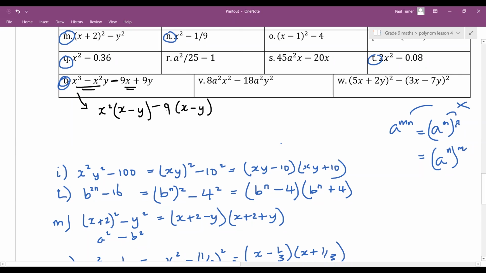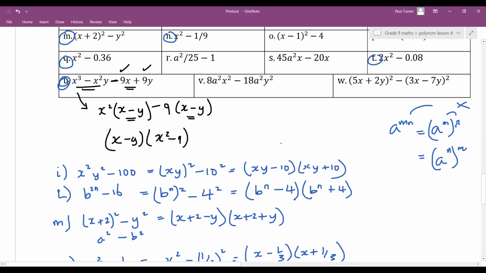Check by expanding that this is correct. Minus 9x, minus 9 times minus y is plus 9y. So they're okay. Now you see the common factor is x minus y. Take that out the front, and then you'll be left with x squared minus 9.